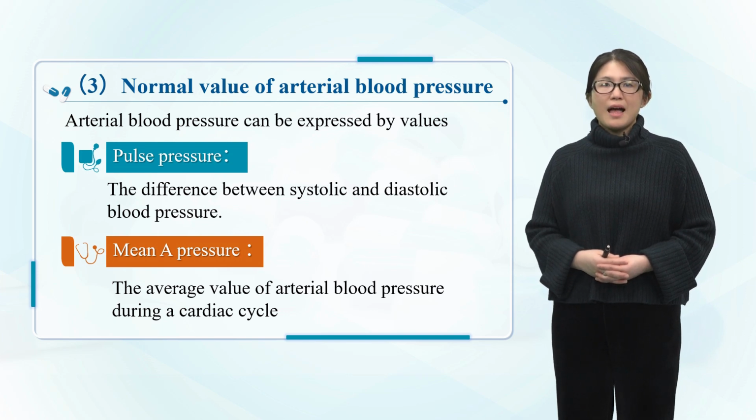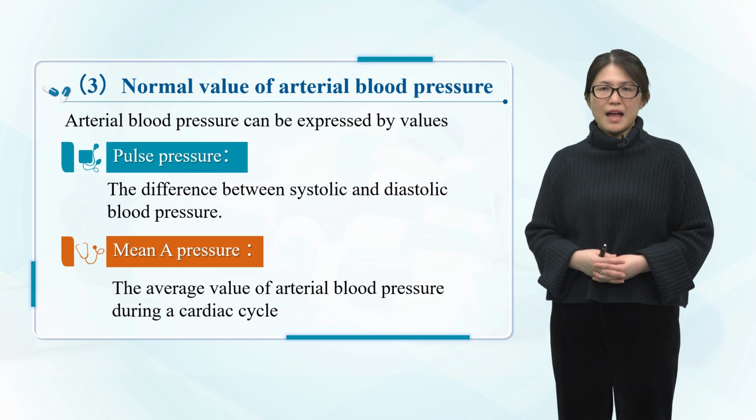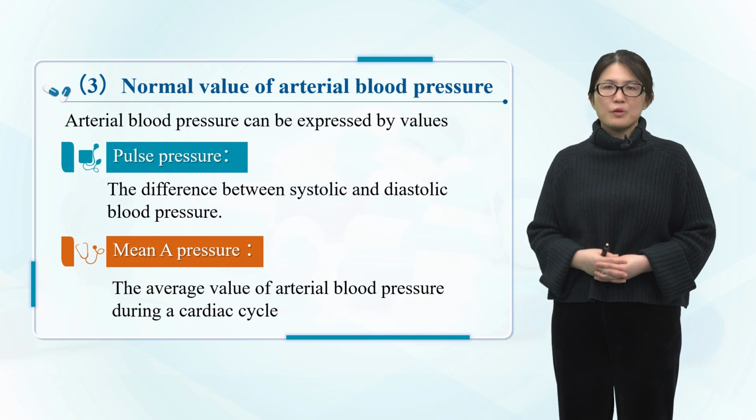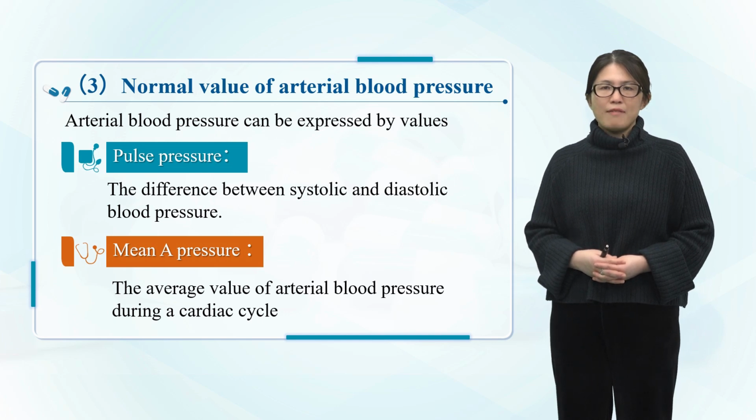The mean arterial pressure is the average value of the arterial blood pressure at each moment in a cardiac cycle, and is roughly equal to the diastolic pressure plus one third of the pulse pressure.